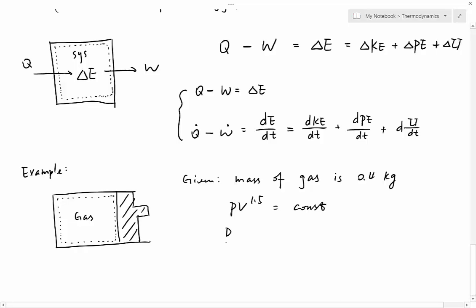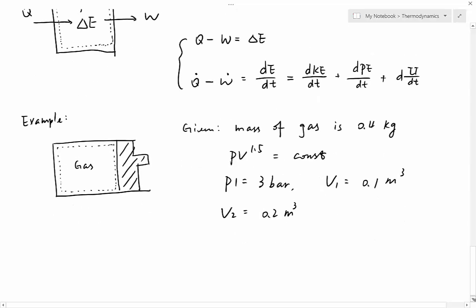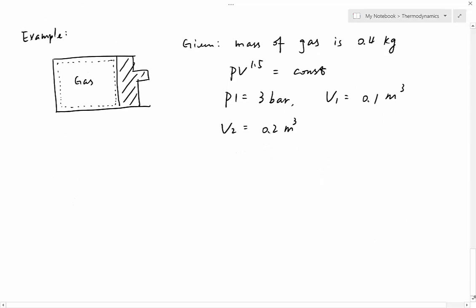And then P1, the initial pressure, is given as 3 bar. Initial volume V1 is given as 0.1 cubic meter. And the final volume is given as V2, which is 0.2 cubic meter. So volume becomes bigger, which means this is an expansion process.